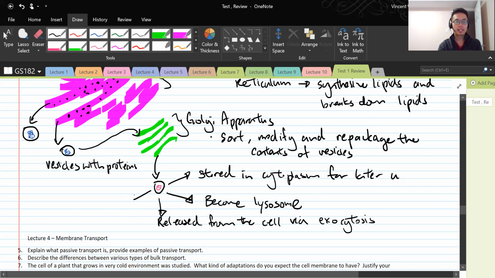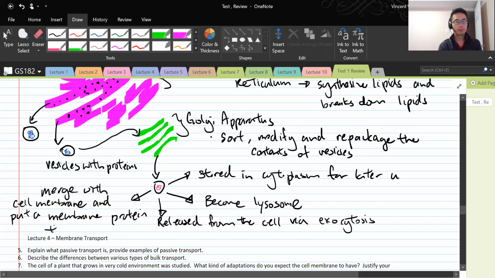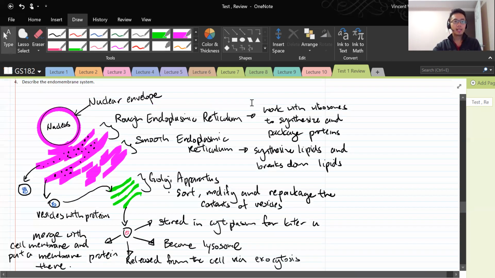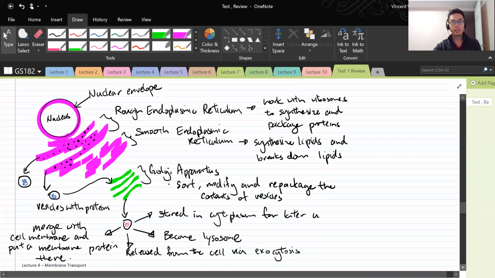And then some will merge with cell membrane and put a membrane protein there. So that's the endomembrane system.